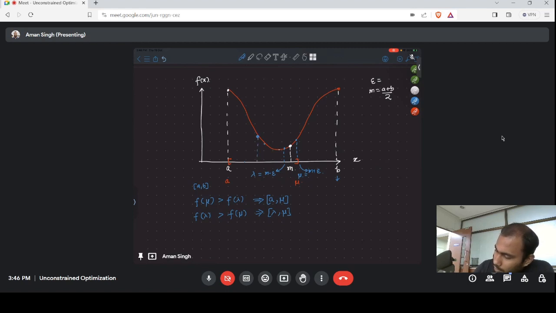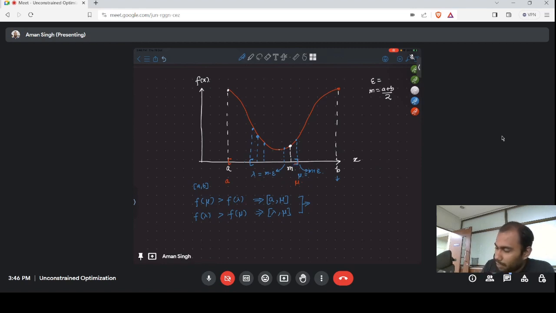Let's say here, midpoint plus epsilon, midpoint minus epsilon. Now we'll look at this condition, and then again we can reduce this interval to this point.